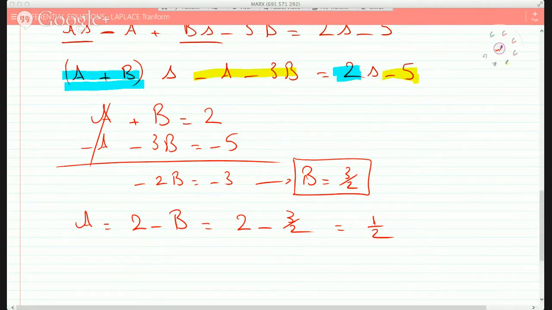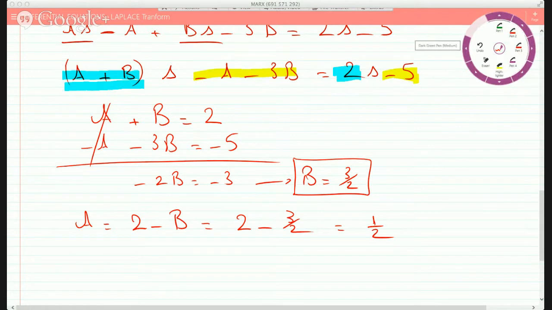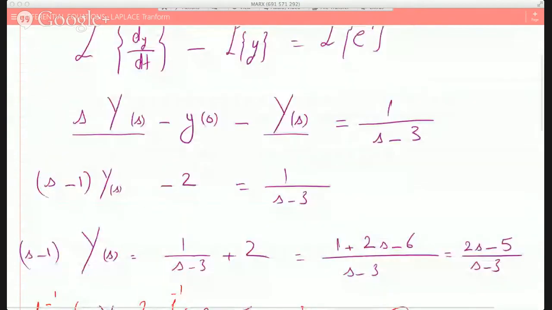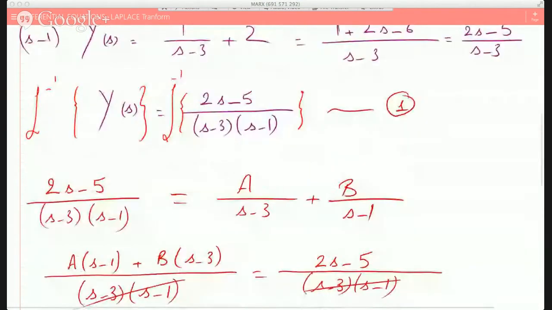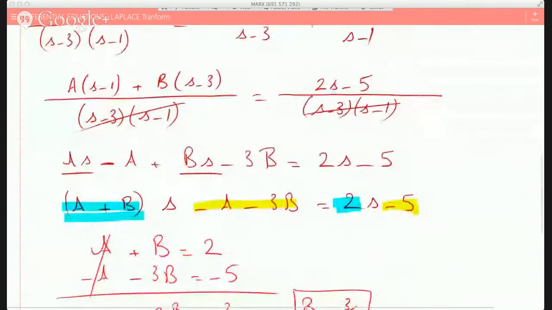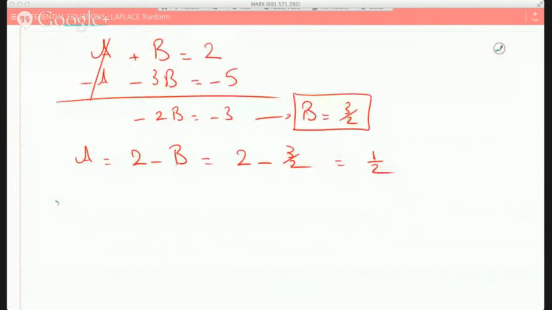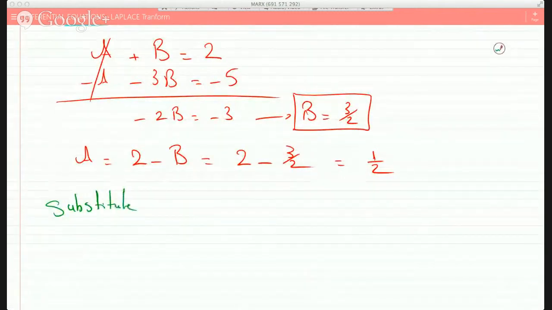So now I go back and plug those into equation 1, which is here. Okay? So substitute into equation 1.